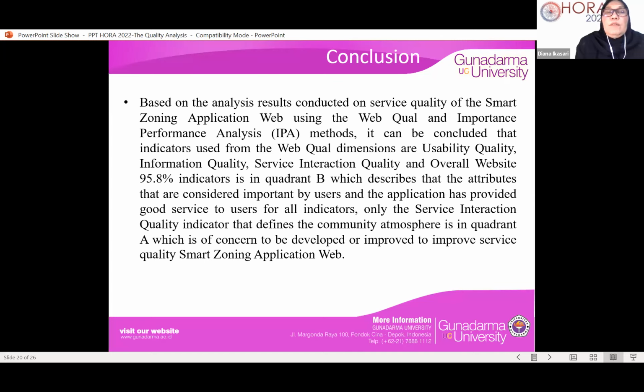We have to develop what the user needs that the application does not support. We are going to improve the service quality for the smart zoning application by doing the analysis using WebQual.